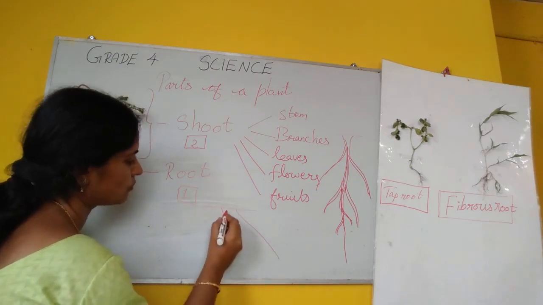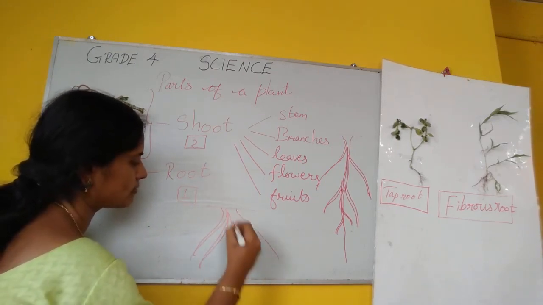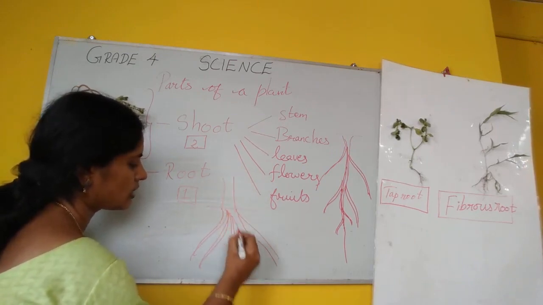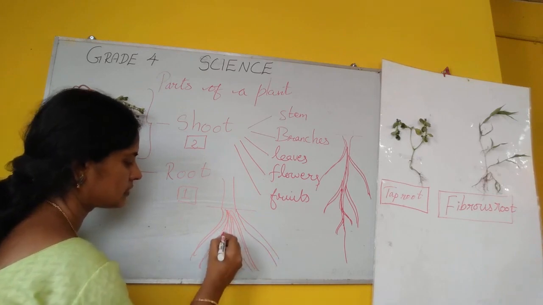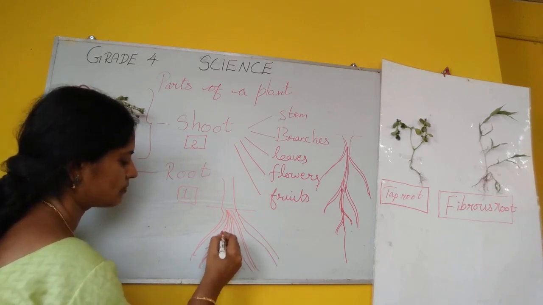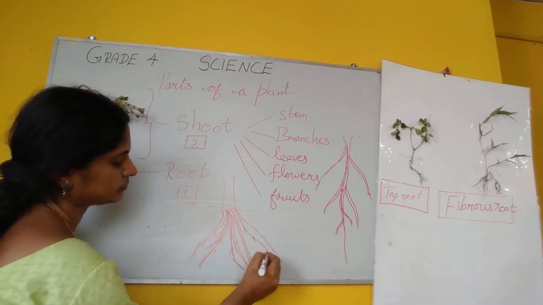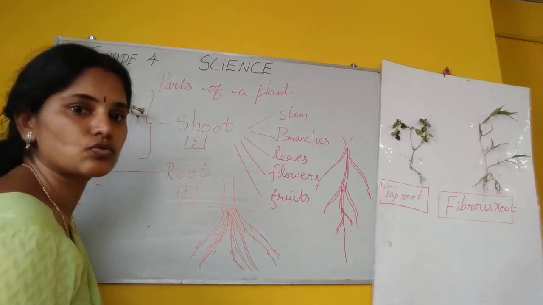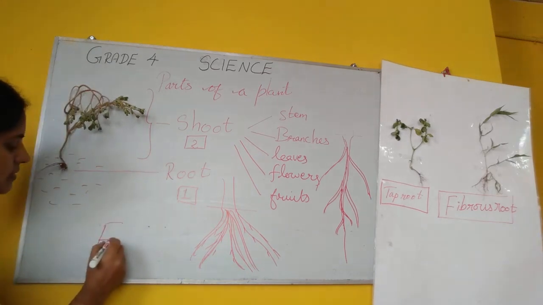If they ask you to draw the fibrous root, this is the stem, and you have to draw like this. From that you can draw the branches. So this is what we call a fibrous root system.